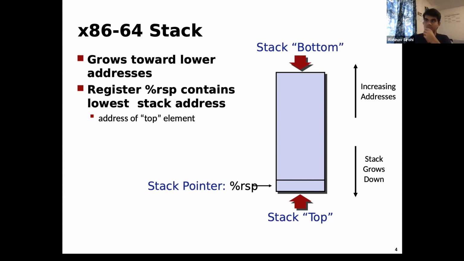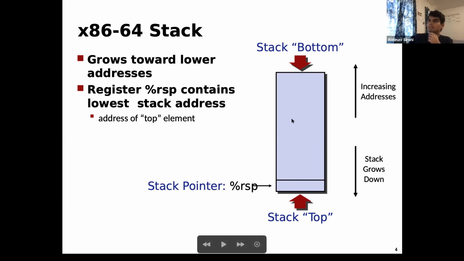So in memory, the stack grows downward. So basically the top is actually down here. This is the bottom of the stack, and in memory, the stack grows downwards and the heap grows upwards.